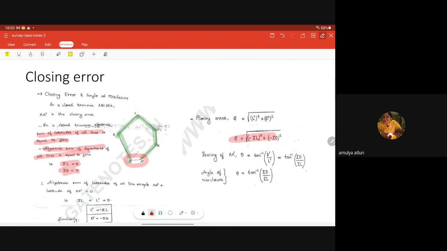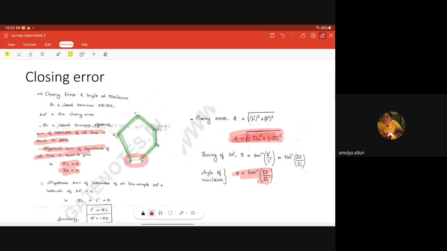Closing error E is equal to root of sigma L square plus sigma D square. Next, bearing of AA dash theta is equal to tan inverse of sigma D by sigma L. This is the angle of misclosure. Got it?